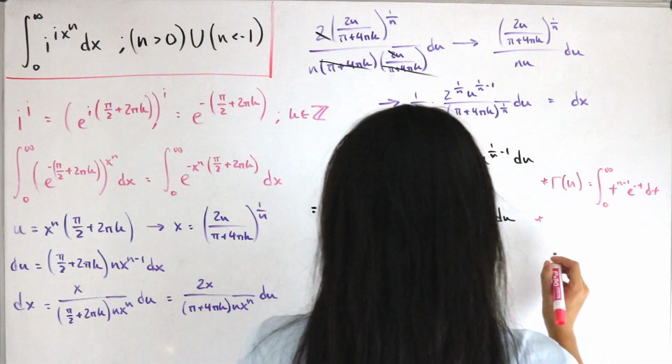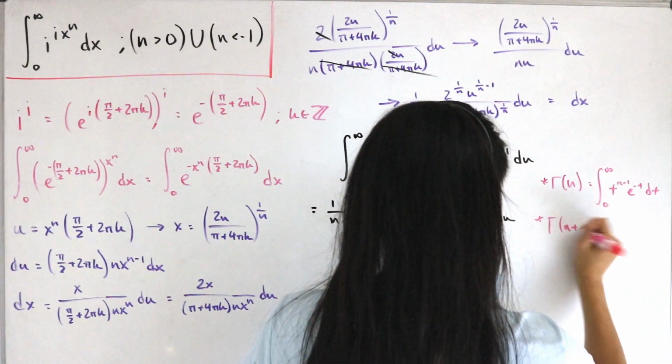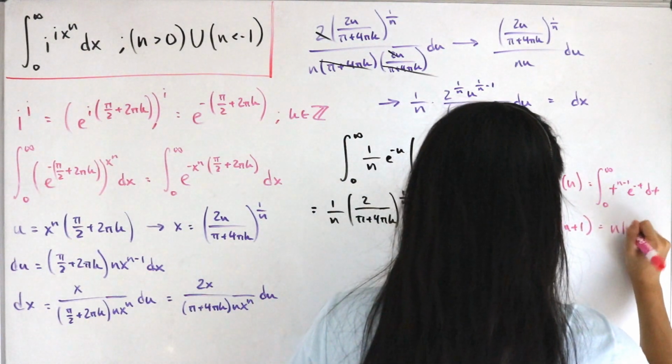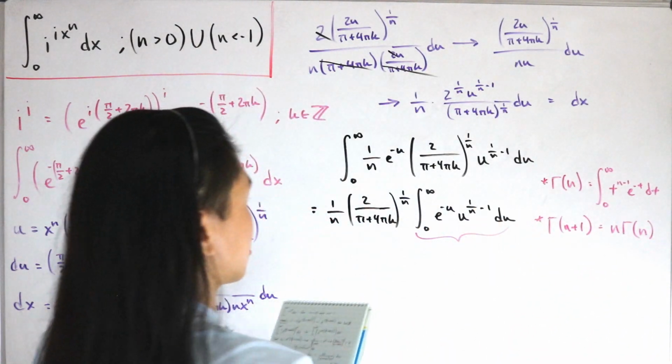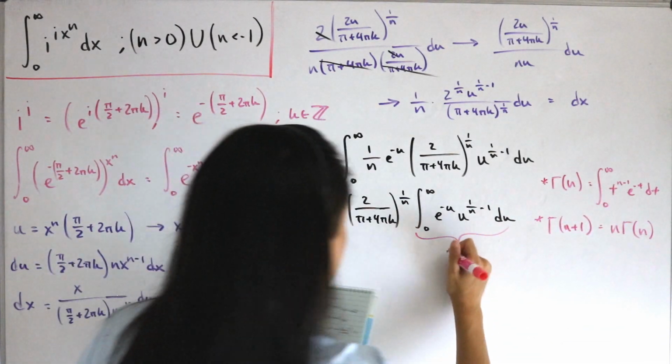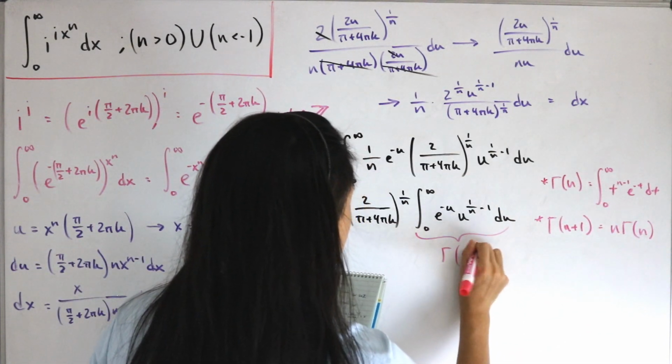The recurrence relation we'll be using is that gamma of n plus 1 is the same thing as n times gamma of n. With this in mind, you'll see that the specific input we had to put in is that this is just gamma of 1 divided by n.